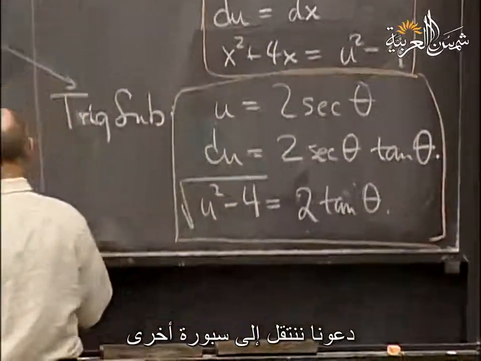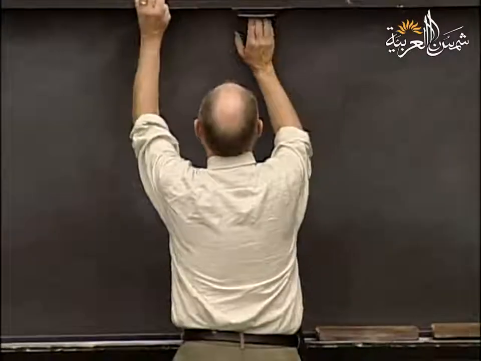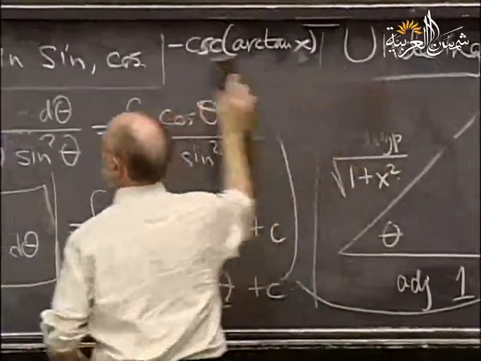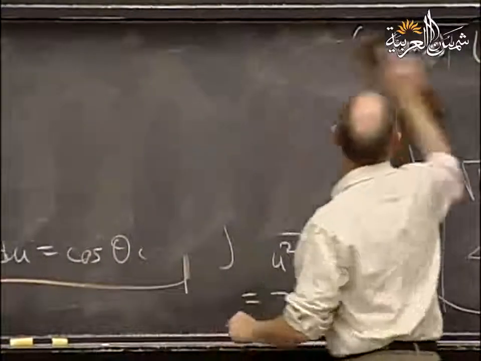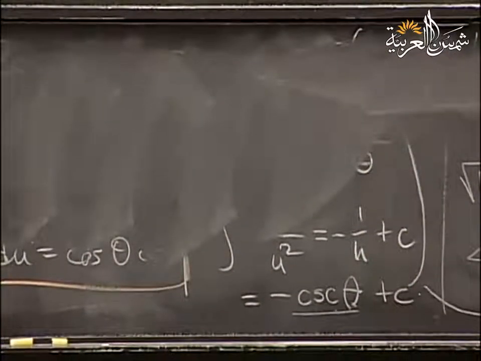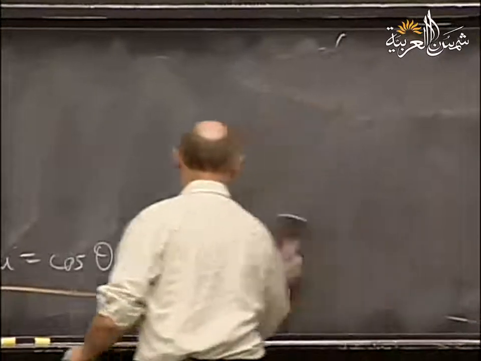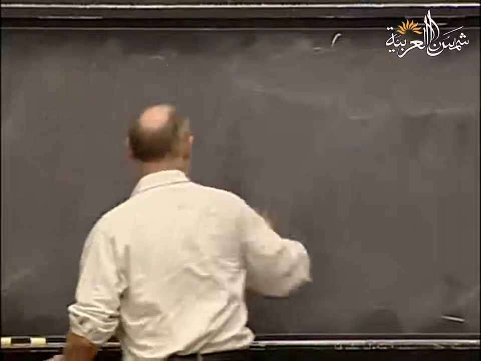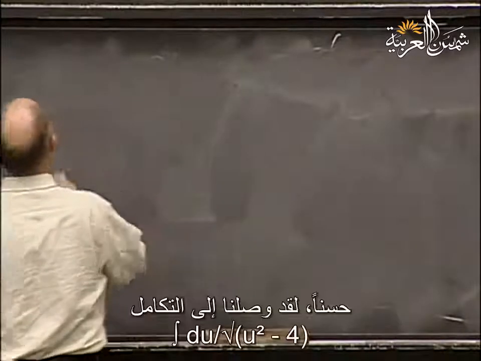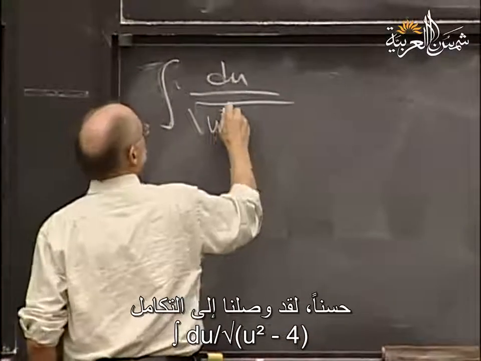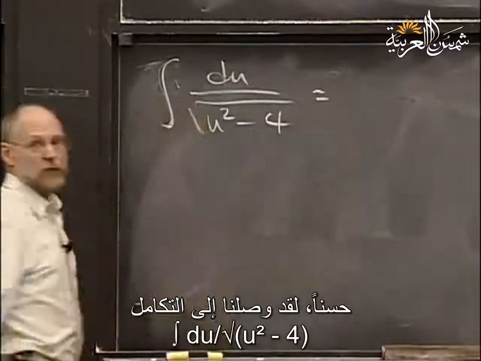And let's go on to another board. So where I'm at is the integral of du over the square root of u squared minus 4.